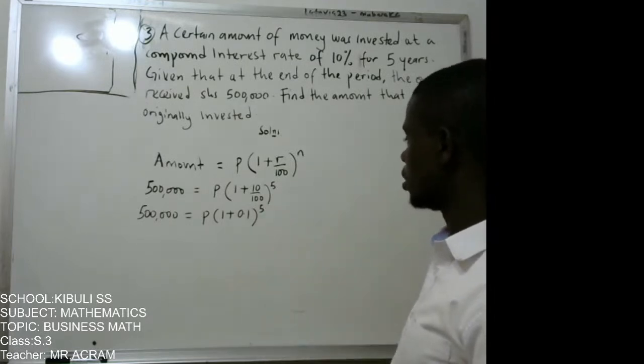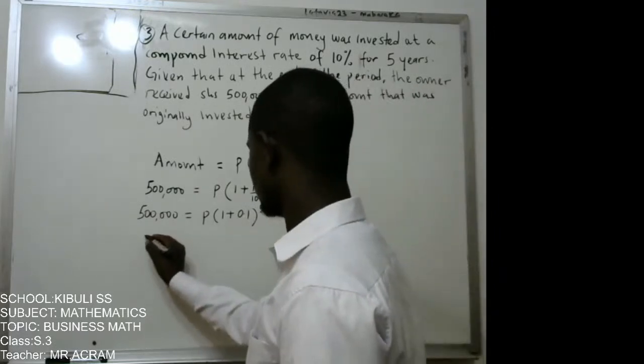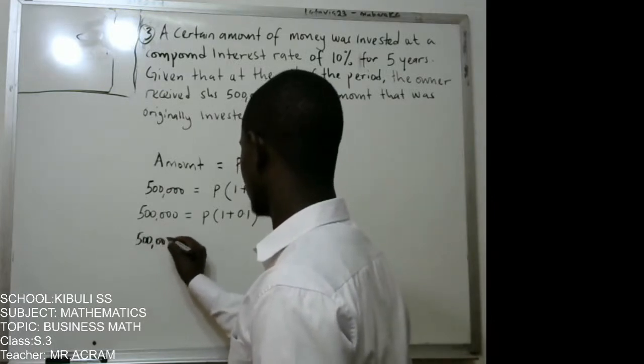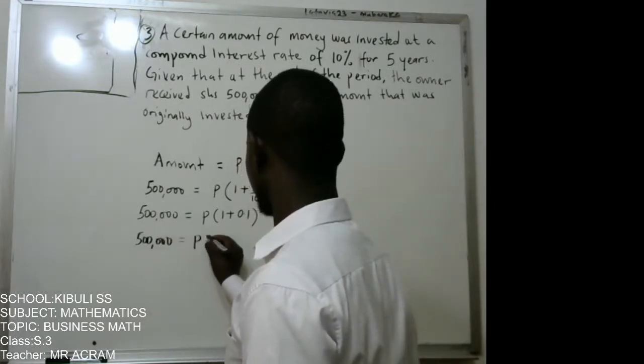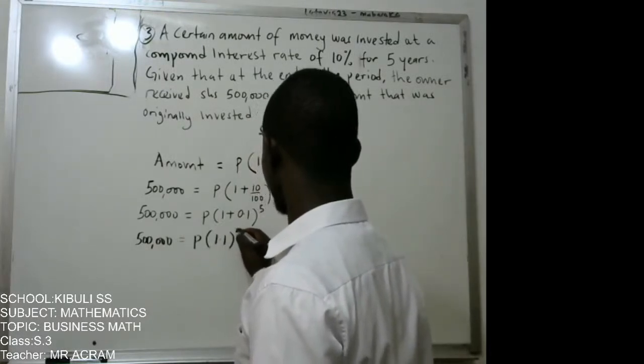If you cannot do it directly, please use a calculator. But 10 over 100 is 0.1. So we add these two. So it's going to be 500,000 is equaling to P into 1.1 power 5.